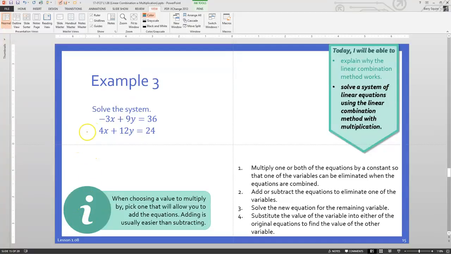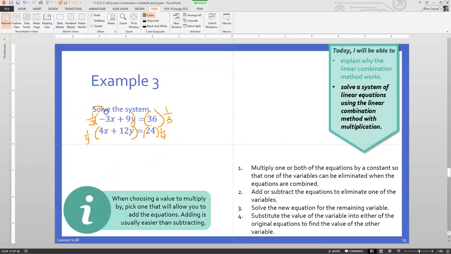So instead of multiplying the top by 4 and the bottom one by 3, I'm actually going to multiply the top one by 1/3. And then I'm going to multiply the bottom one by 1/4. And this just, I think, happens to be lucky.